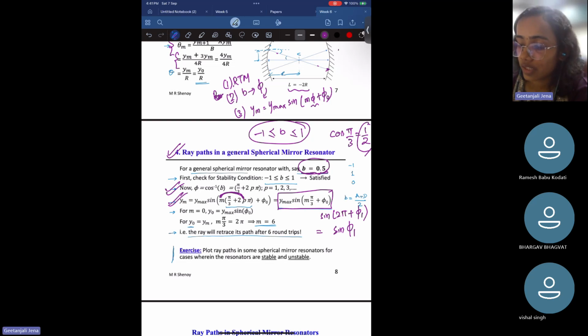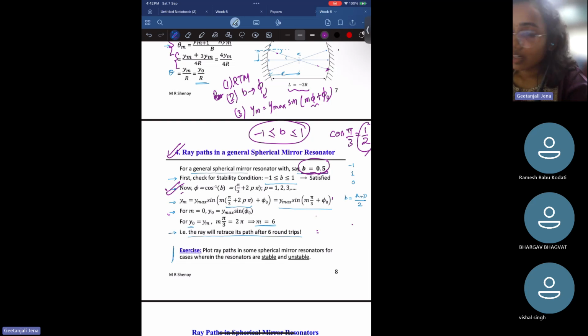Now, as I said, we have to see the initial condition, that is for m equal to 0, y0 is y max sine phi 0. Now, if you want to find out after how many round trips the ray will retrace its path, we have to see for which value of m, ym is equal to y0. That means the position becomes equal after m round trips.